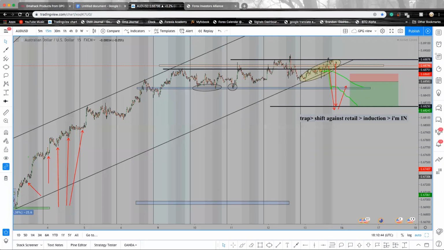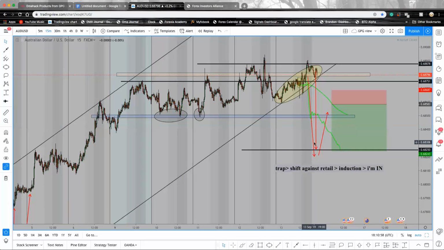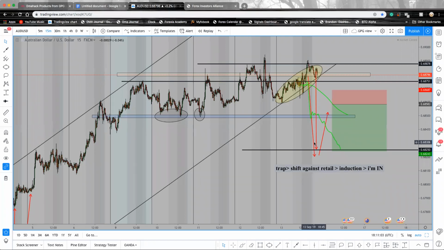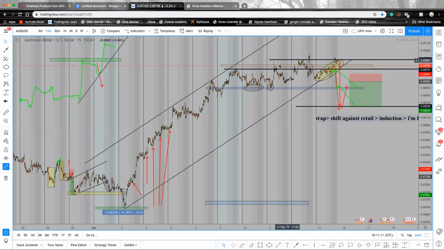Would you expect a fake W on the support zone and then turn into a valid M and break the support? Do you mean in AUD USD? AUD USD, yeah, that's very possible. But if you see a fake W, that's why I said I can see it as a seller's trap as well.